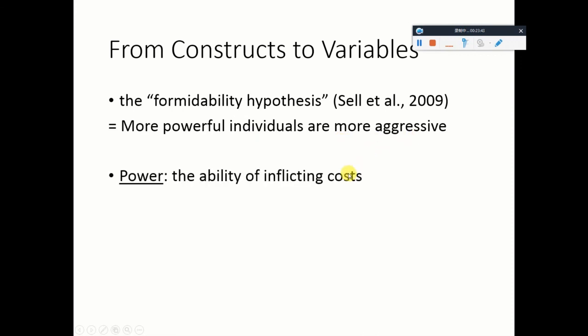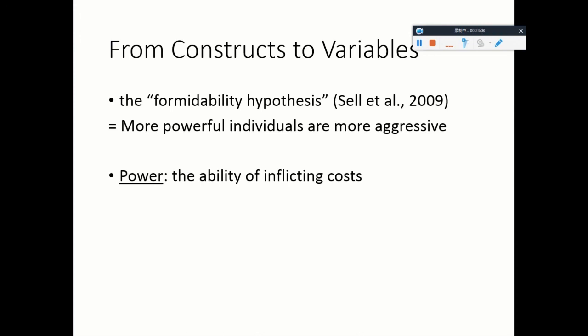So here we can immediately notice some constructs or concepts, more broadly speaking, in this simple sentence. First of all, we need to define what power is. Power can be simply how capable one is to impose some kind of cost on other people, right?